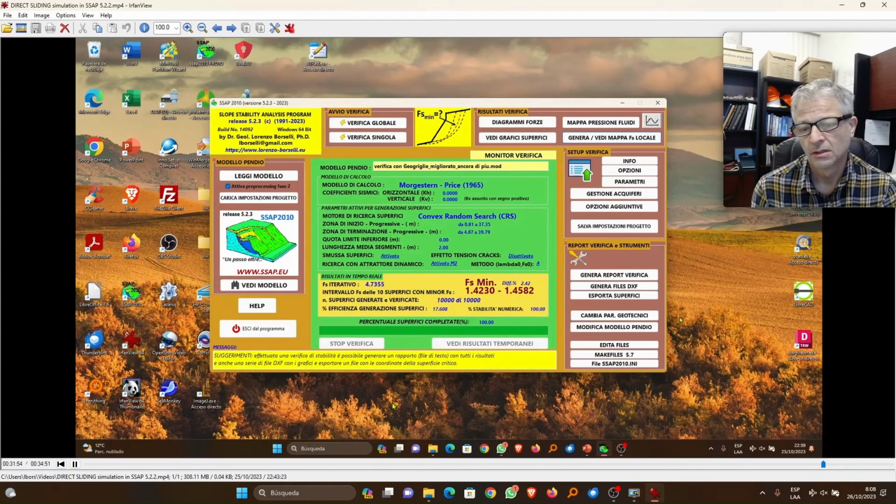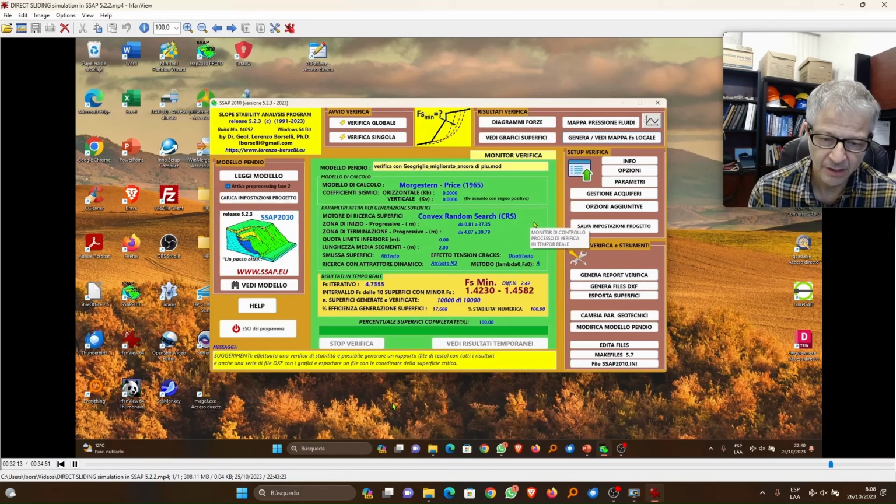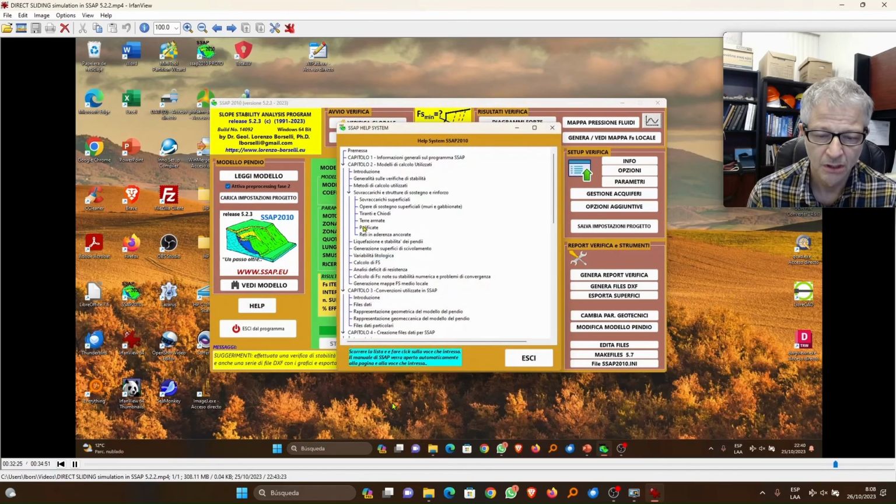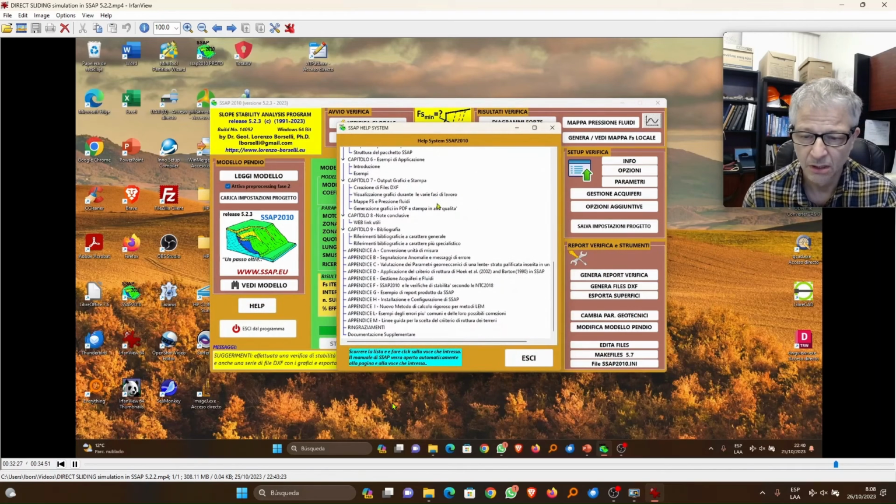Of course, each software that you can find on the internet has its own features and its own capability. SSAP has its own features, and most of them have evolved with the help of the final users. A lot of final users contribute in this way.